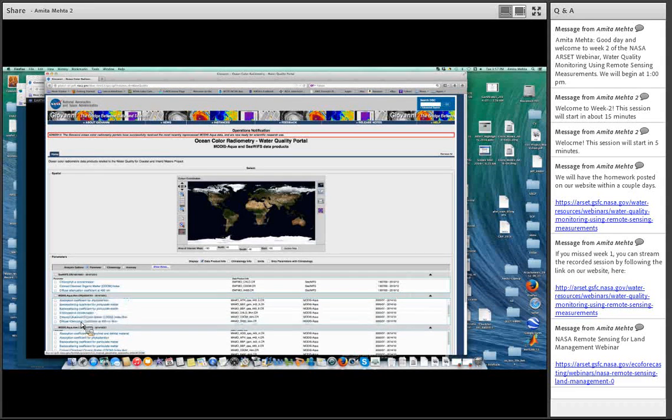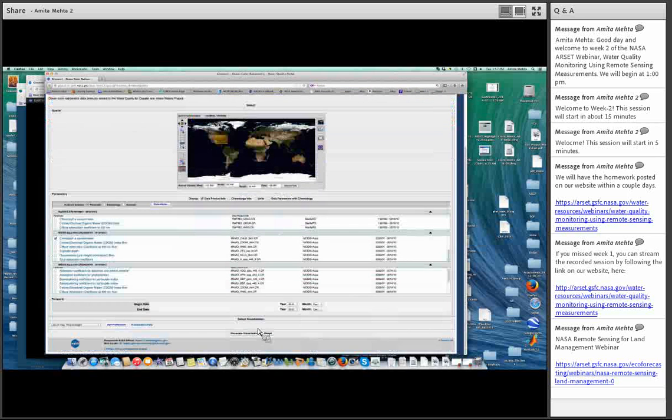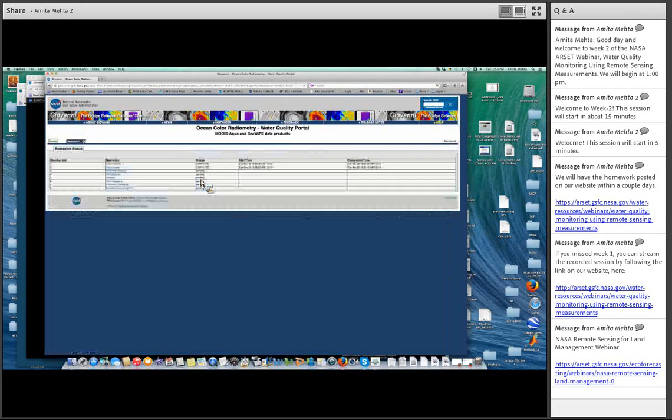Sticking to chlorophyll concentration again, any region can be picked by drawing, and any time can be picked here. Generating a visualization here can give us chlorophyll concentration over the selected region for the selected month from Aqua MODIS.